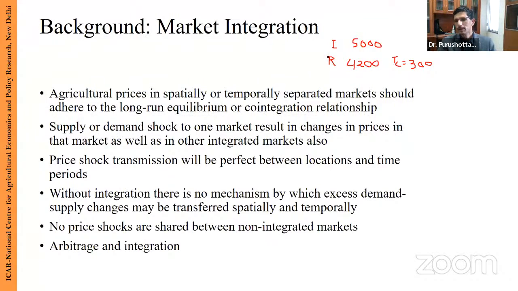He will buy at the Ratlam market and sell at the Indore market at 5,000 rupees, whatever the case may be. This way, he is creating demand in the Ratlam market and increasing supply in the Indore market. This function is called arbitrage.